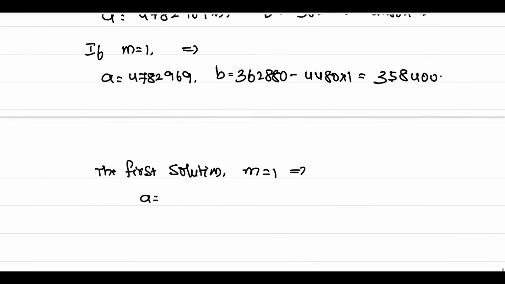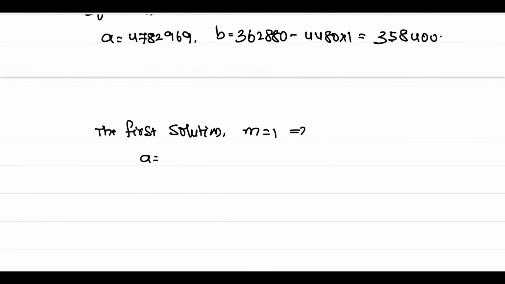A is equal to 4782969 and B is equal to 358,400, which implies A plus B is equal to 5141369.